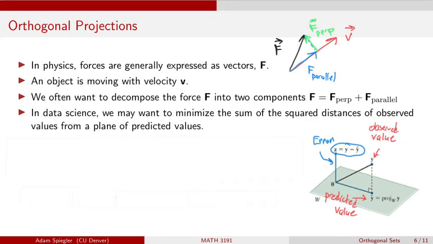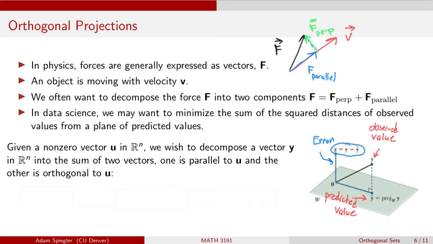So more generally speaking, given some non-zero vector u in Rn, there are many occasions where we wish to decompose a vector y into a sum of two vectors, one of which is parallel to the vector u, and the other is perpendicular, orthogonal to that vector u. So let's consider this picture that we were looking at, say, in the context of data science.